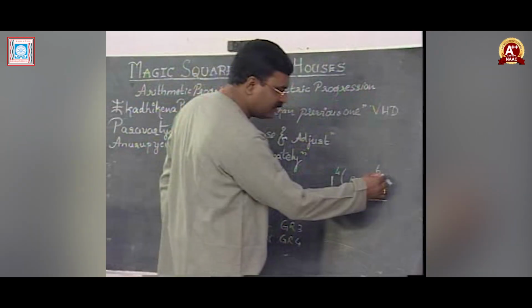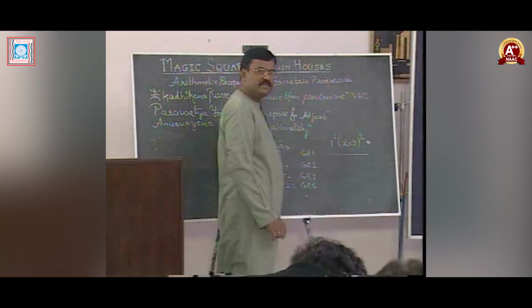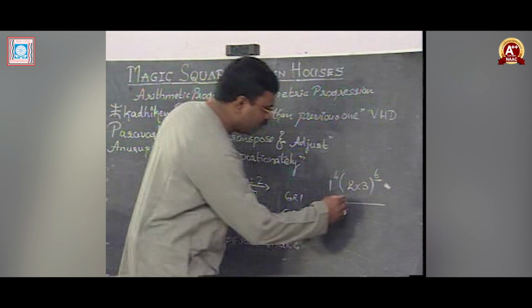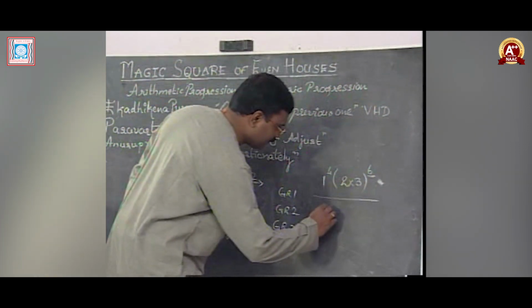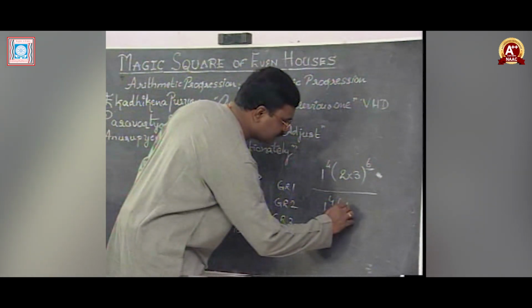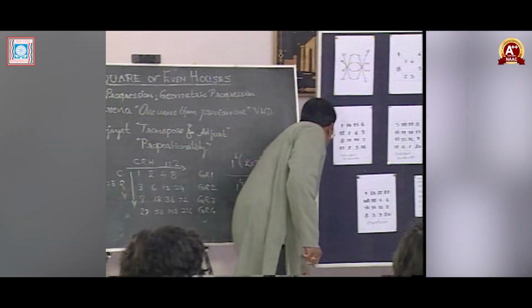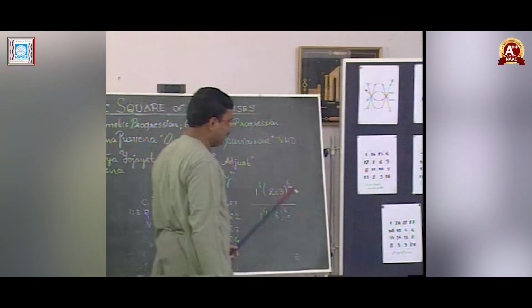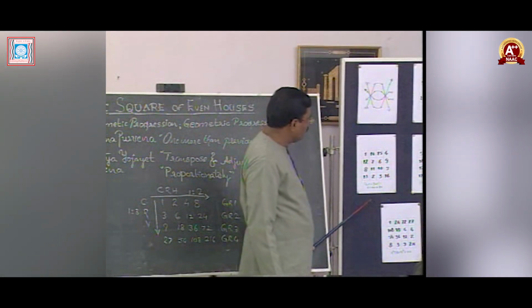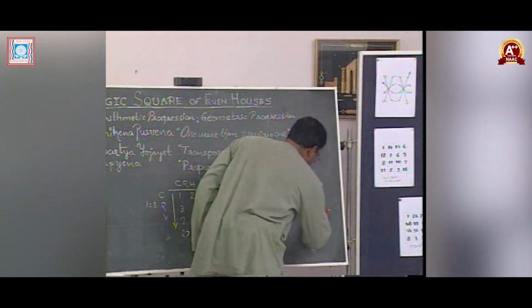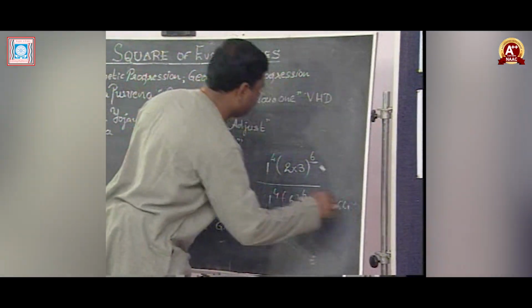The 6 is nothing but the coefficient from a plus b to the power of 4. What is the value of 2 and 3 to the power of 6? The first group is 1, 2, 4, 8. So it comes to 4, 6, 4.